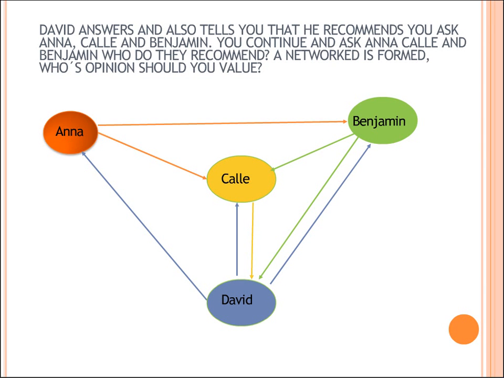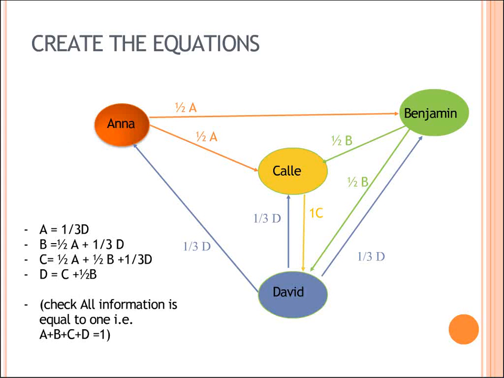Now what you can do is start making the equations. On the left you have 4 equations, and let's see how we came up with those. Let's look at the outgoing arrows first.